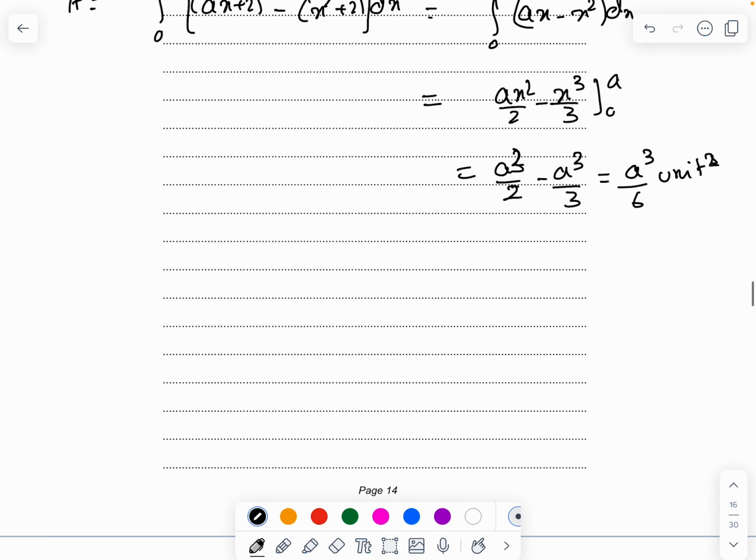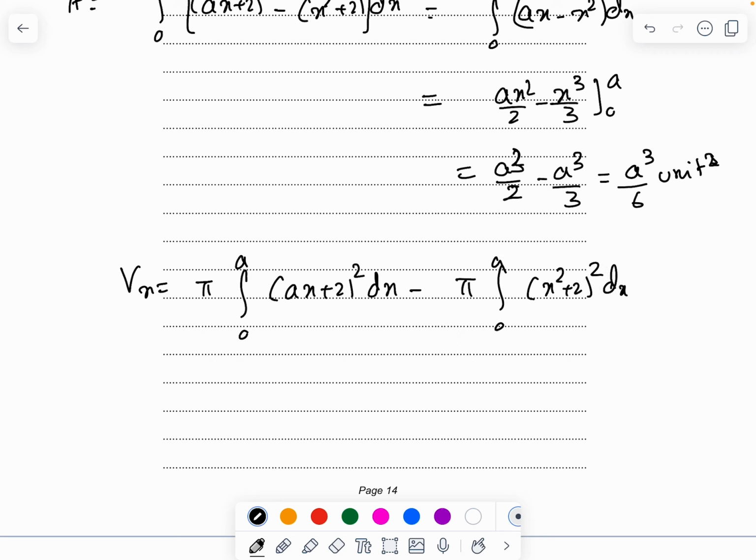Now it is the volume. For volume along the x-axis it is pi integral 0 to a of (upper curve ax plus 2) whole square dx minus pi integral 0 to a of (lower curve x square plus 2) whole square dx. So it will become pi integral 0 to a of (a square x square plus 4ax plus 4 minus x power 4 minus 4x square minus 4) dx.